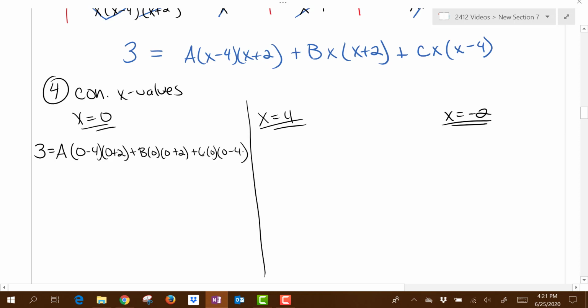Alright. Just going to do a little bit of simplification. You'll notice on this side, the left-hand side doesn't have an x value, so it's just going to stay 3. Okay, we'll simplify inside of the parentheses first.